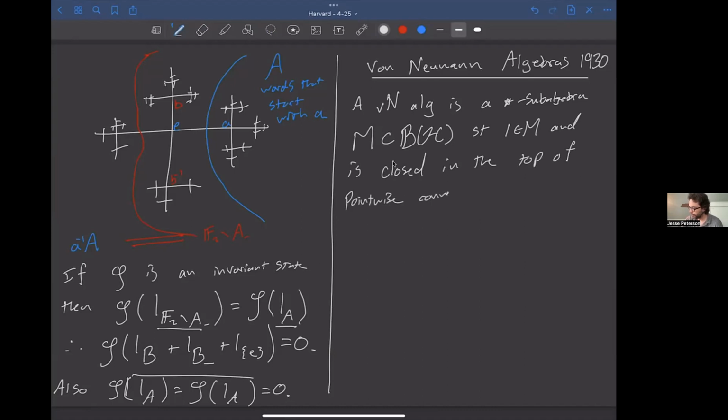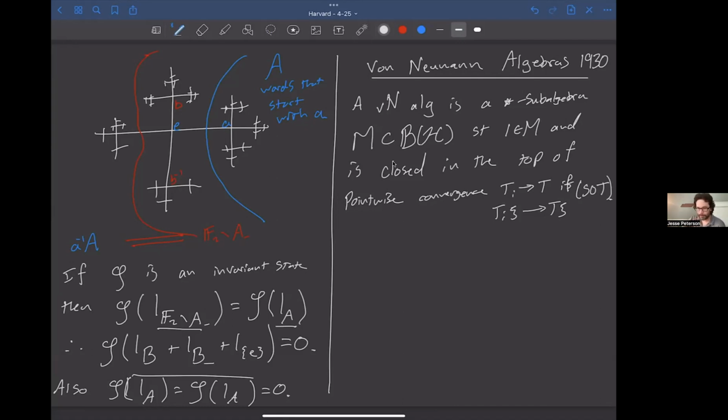In other words, if you have a sequence T_i converging to T, when you apply them to a vector, they converge to the corresponding vector. This is called the strong operator topology, for those who've seen it before. So this is the definition of a von Neumann algebra.